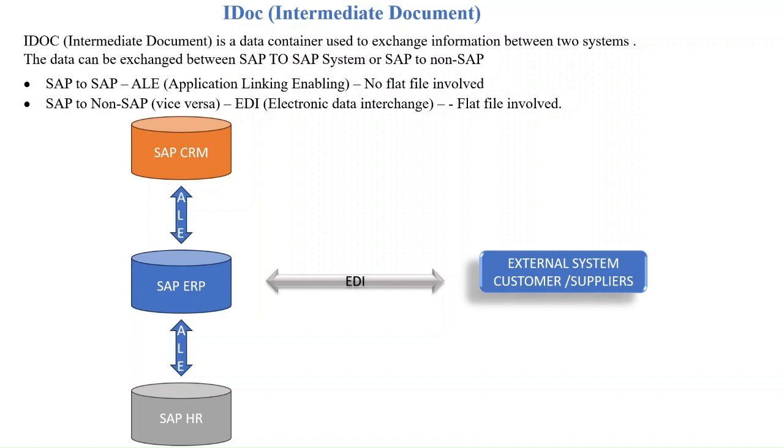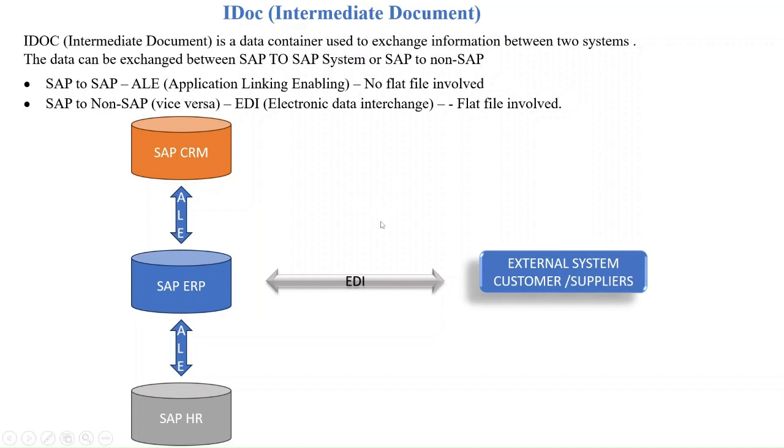So here SAP is the main system, and the other system needs to check the report and needs the data for verification and tracking purposes. Like a PO will be created in the SAP system, and the PO status will be transferred to the third party system: what is the PO number, when it is going to arrive, and how much quantity is ordered. All this information will be shared to the third party system in the portal in a simple screen, so that it will be visible for the store person or warehouse person to understand. This is where the concept of EDI comes in.